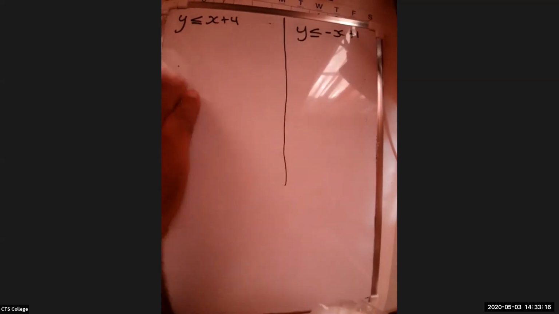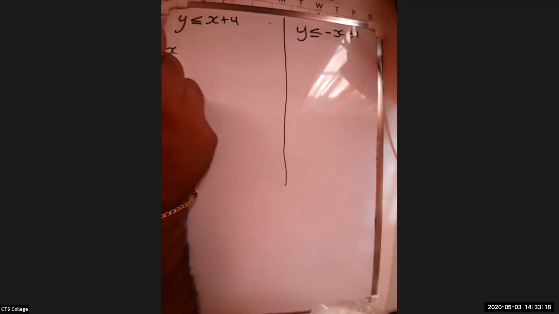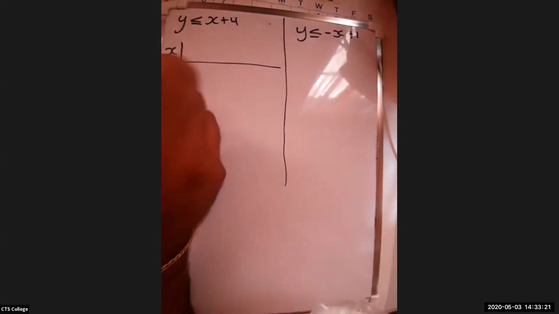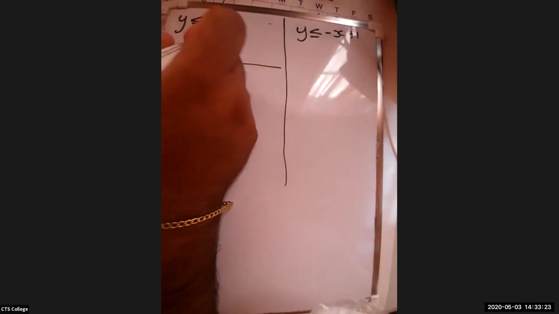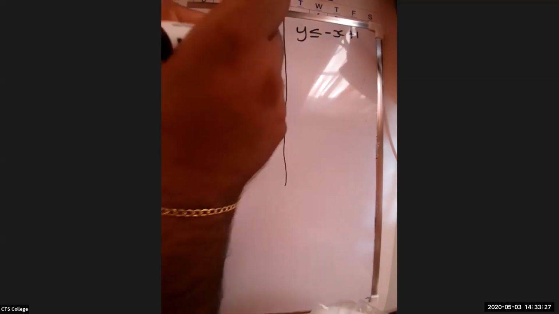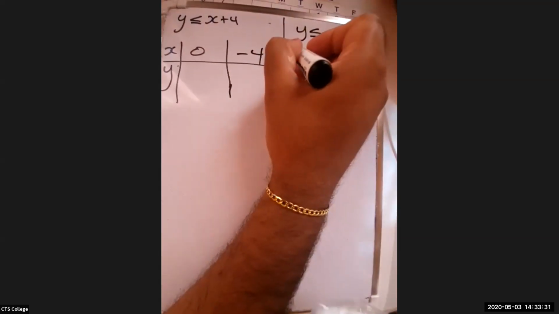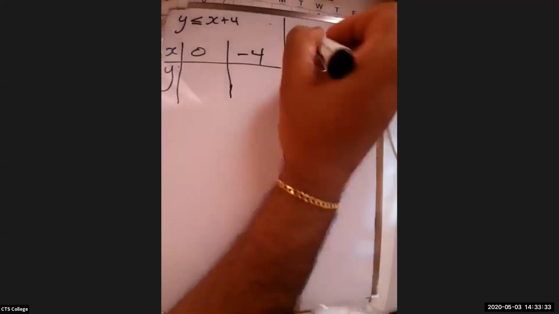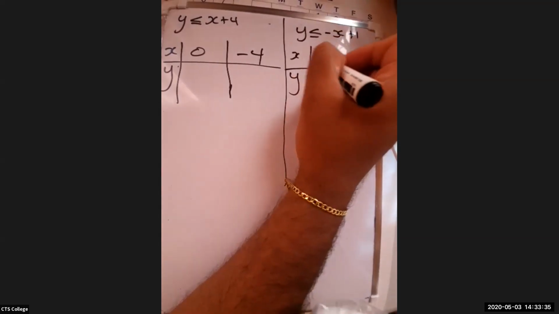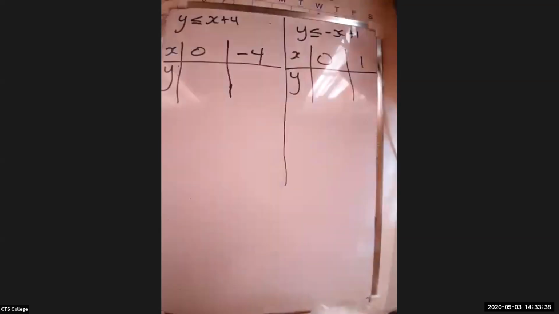As Alicia said, we construct our table of values. We'll just randomly choose any two values. Let's say we choose 0 and negative 4. Again, we'll choose two values here, and I'll choose 0 and 1 as did the book.